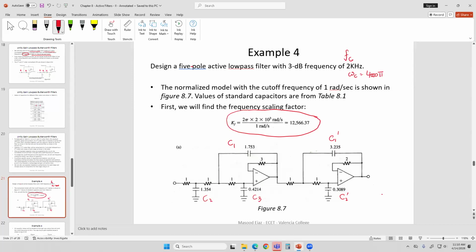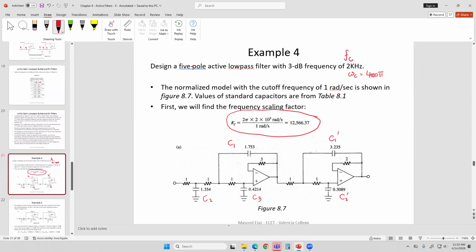So the frequency scaling factor is the new value of omega cutoff over the old, or standard, value of omega cutoff. That gives us 4000 pi as our KF, which is 12,566. The next step is to divide either the values of capacitors or the values of resistors by this to get the intermediate values, because we have to change one more time to get the final values.